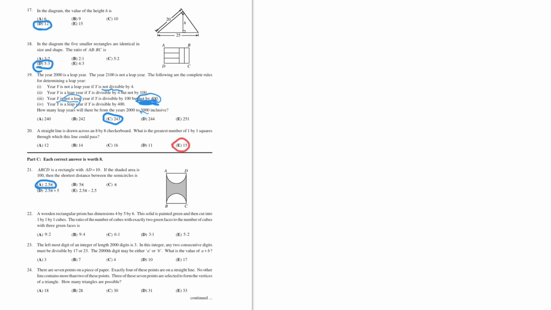Number 22. A wooden rectangular prism has dimensions 4 by 5 by 6. This solid is painted green and then cut into 1 by 1 cubes. The ratio of the number of cubes with exactly 2 green faces to the number of cubes with 3 green faces is?